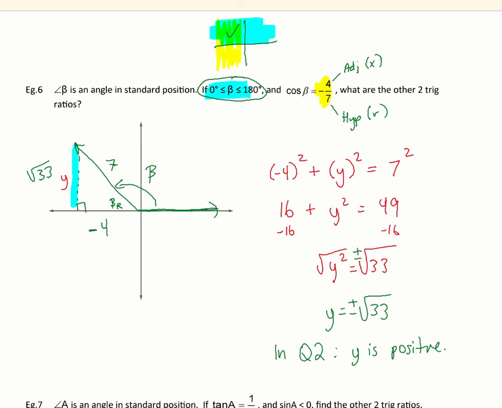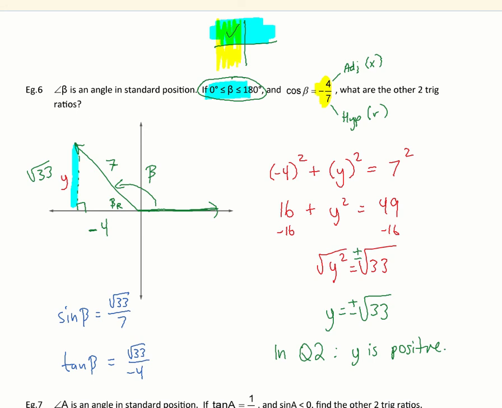So then the other two trig functions would be sine. Sine of beta is opposite over hypotenuse. And tan is opposite over adjacent. A negative fraction for a negative sloped terminal arm.